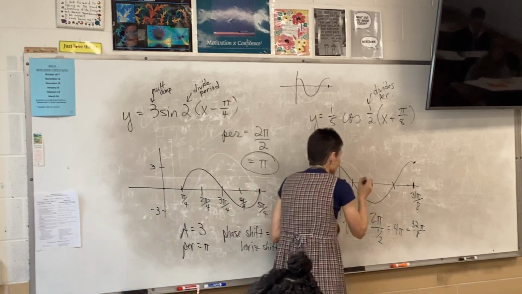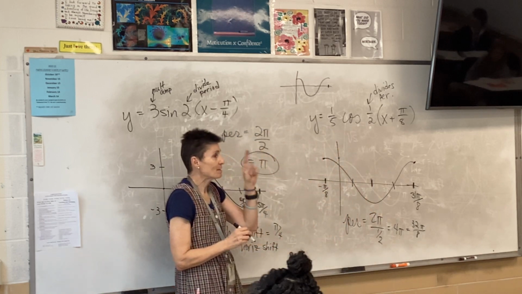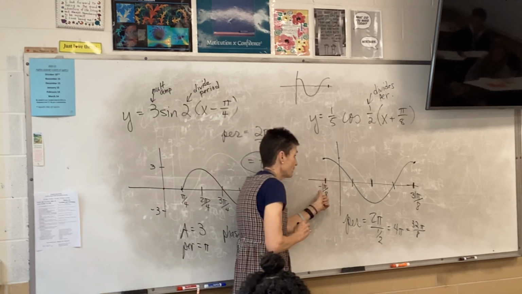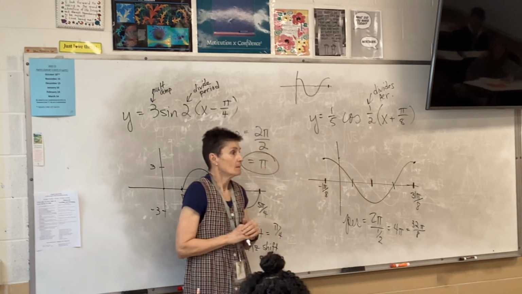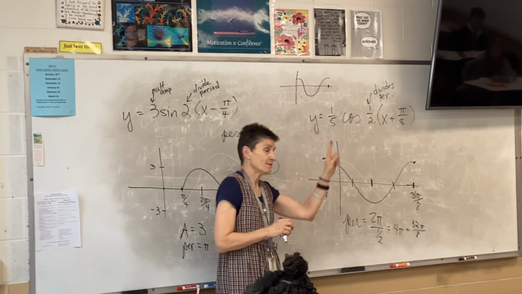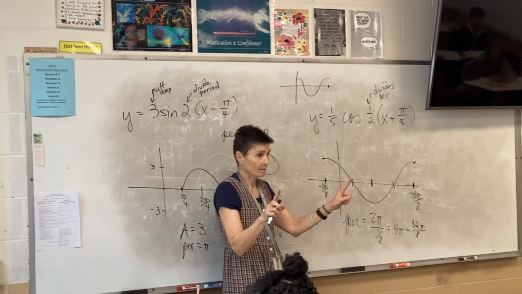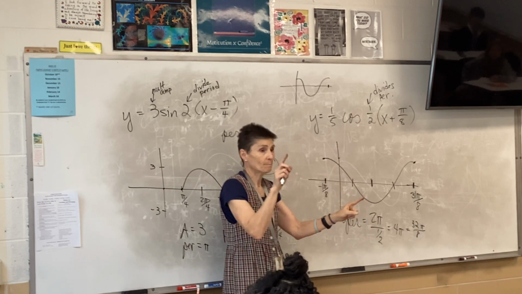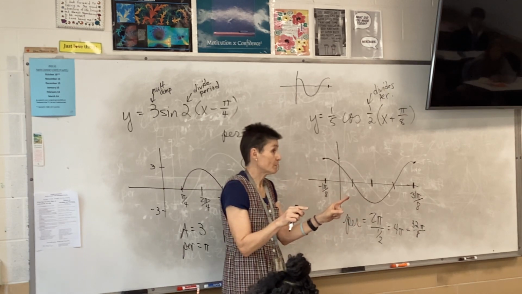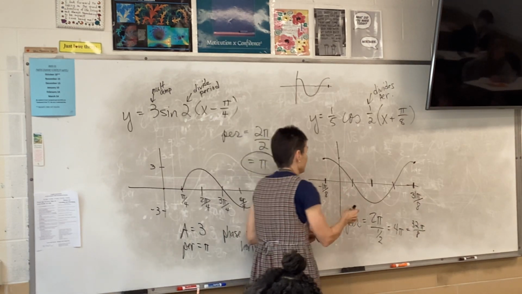This guy is smack dab in the middle of -1 and 31. So what is the average of -1 and 31? Well, -1 plus 31 is 30, and half of 30 is 15.